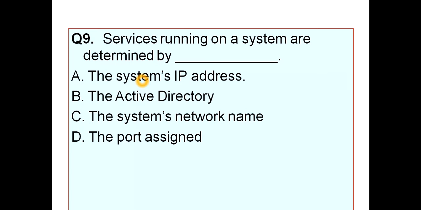Option A, the system's IP address. Option B, the Active Directory. Option C, the system's network name. And option D, the port assigned. Your time started now.